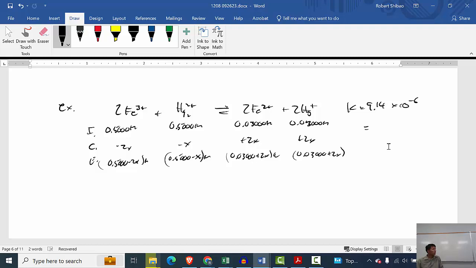And so we plugged it in up here and we got 0.03 thousand plus 2x quantity squared, and then another one, so we'll just raise this to the fourth, divided by 0.5 thousand minus 2x squared, and 0.5 thousand minus x to the first. So we left all of that, and then we have to solve this for x.